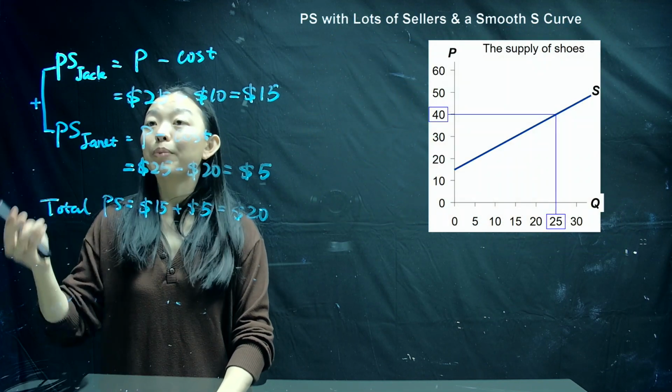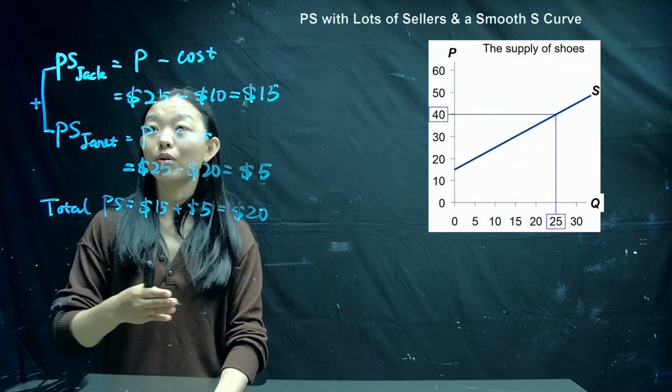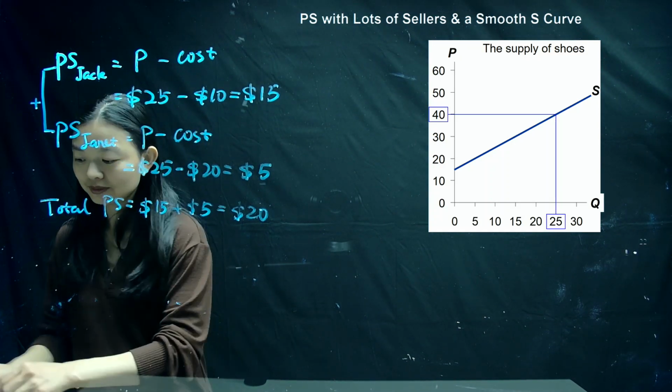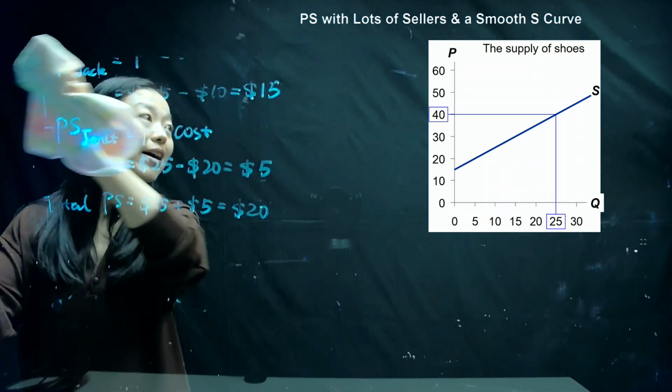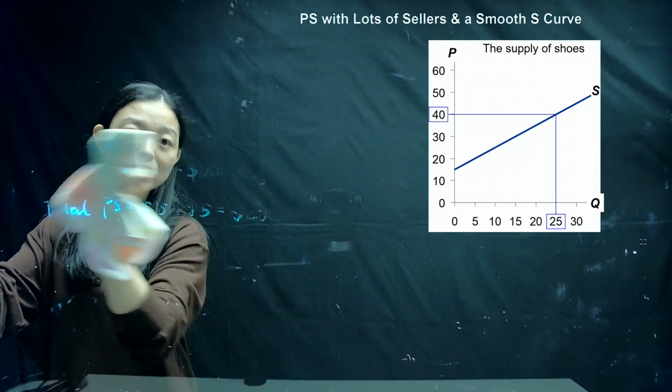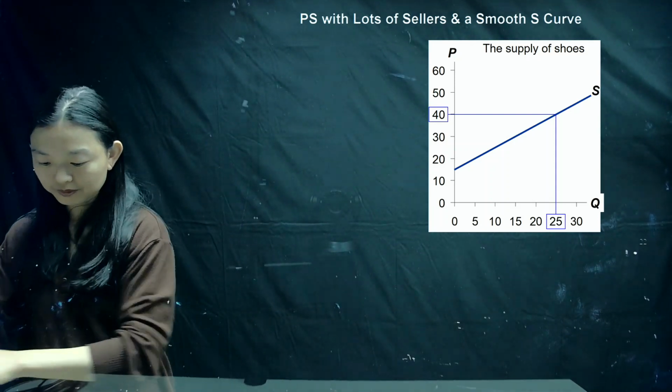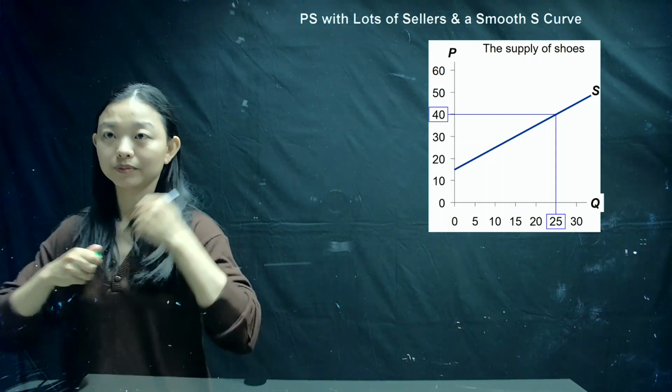We can also compute the producer surplus from our regular supply curve. So you can see from this graph, we have the supply curve with an upward trend, right? And now it's a straight line, not a staircase. So let me show you.